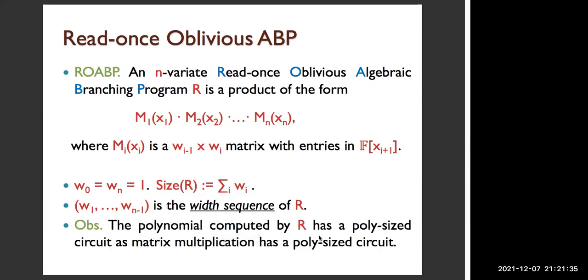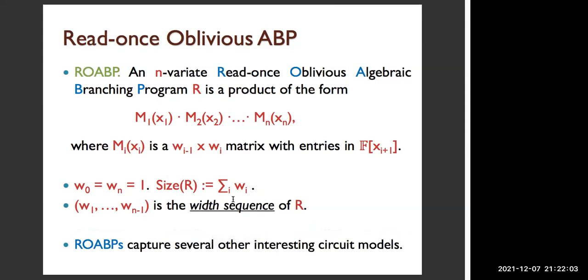Okay. So it's interesting because matrix multiplication can be done using a poly-size circuit. Because I have n many matrix multiplications, there is a poly-size circuit that computes the polynomial computed by R. So it is indeed an alternate circuit representation for a depth-three powering circuit.